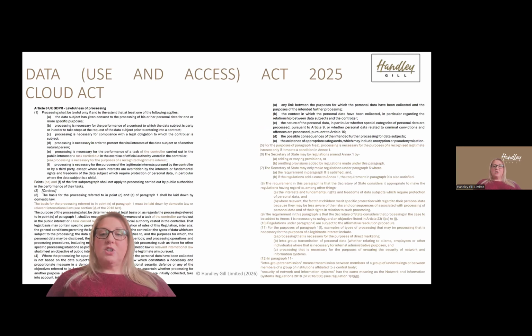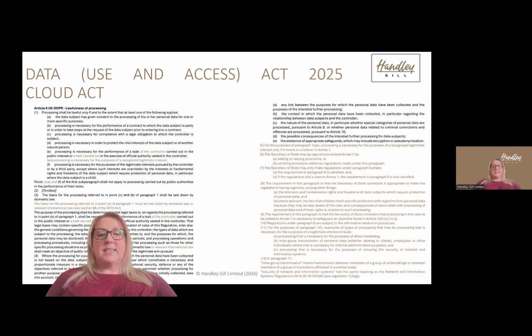Essentially, what is changing here is that down in Article 6 of the UK GDPR, in the text after subsection 3, you have the change, and it reflects the basis for the processing referred to in point (e) of paragraph 1.